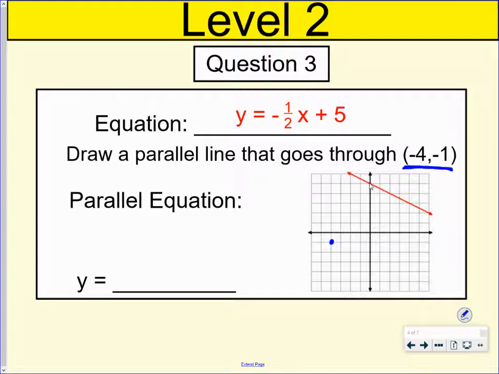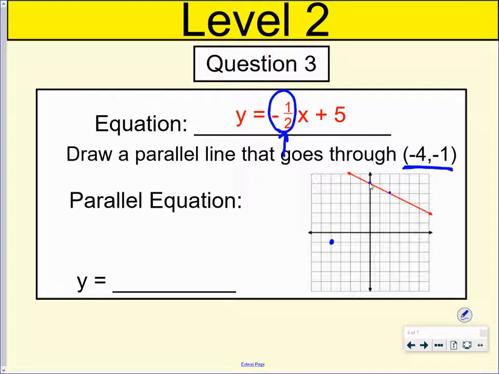So we want to draw a line that goes through that point, but is parallel to this red line here. Well, in the equation of this red line, we can see that the slope is negative 1/2. Just like on the graph, it went down 1 over 2. So we want to do the same for this line because we want them parallel.